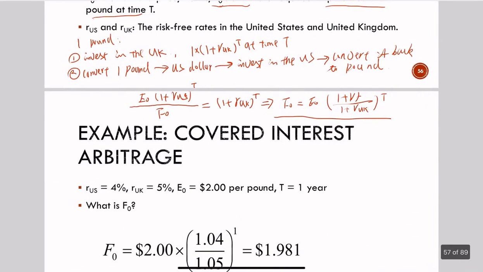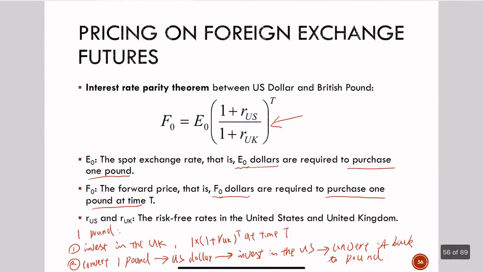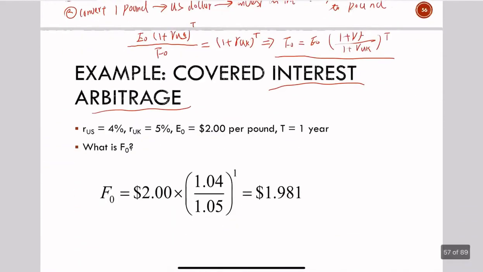Why is this called interest arbitrage? Well, the idea is, if this parity theorem is violated, then it basically means that the interest rate in one country is potentially too high, and relatively the interest rate in the other country is potentially too low. So this is called interest arbitrage. Now, why is this called covered?